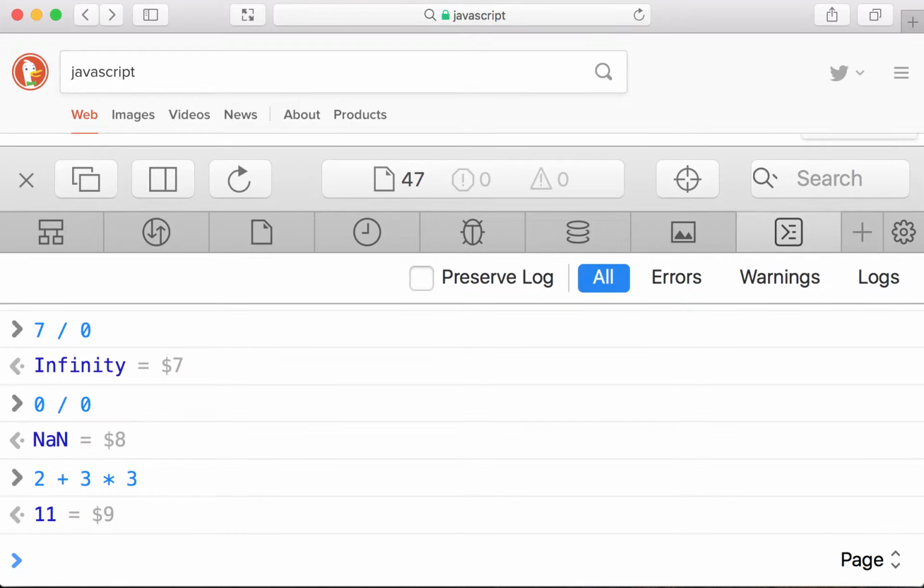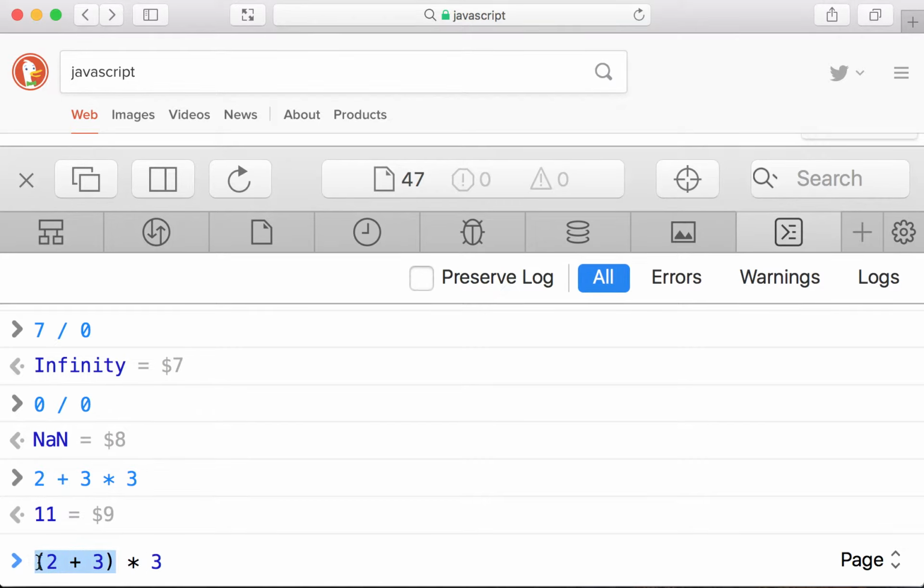So it follows the basic mathematical principles of order of operations. Now, if you really want 2 plus 3 to occur first, you have to add parentheses. If you have parentheses enclosing 2 plus 3, it will first do that, so it's going to be 5.